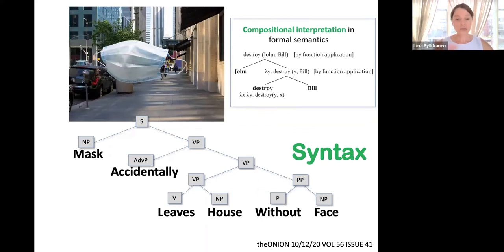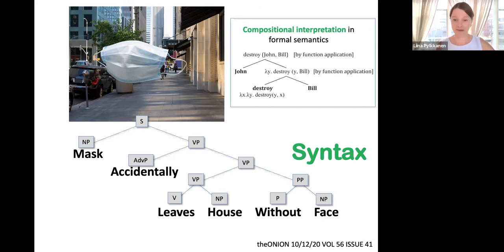So node by node, we put meanings together in such a way that the meaning of the whole is transparently predictable from the meanings of the parts. So the meanings of the words and the syntax give you a pretty good idea what the meaning of the whole will be.